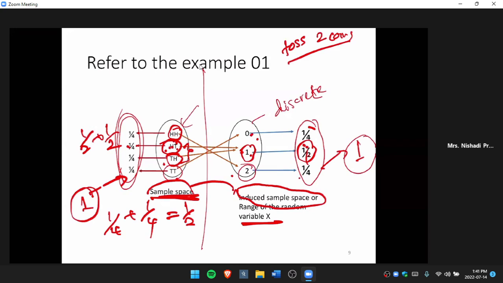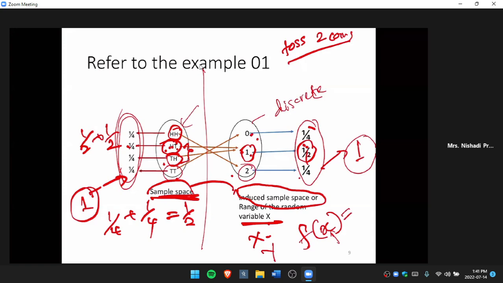Now we are going to introduce a function of this random variable X. I told you we always take capital letters for random variables, capital X, capital Y. But here I have written a function of simple x, because this simple x represents the values of the particular random variable X. That's why here I'm using simple x instead of capital X.